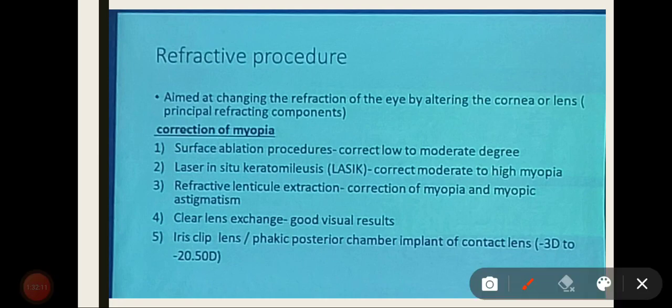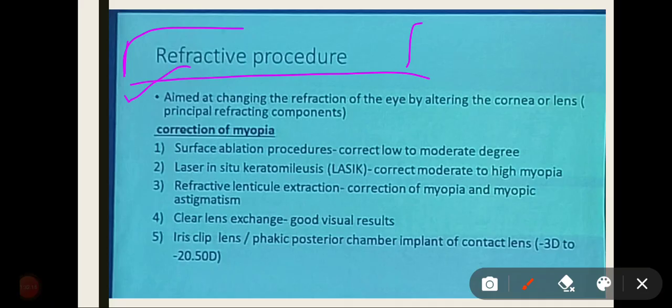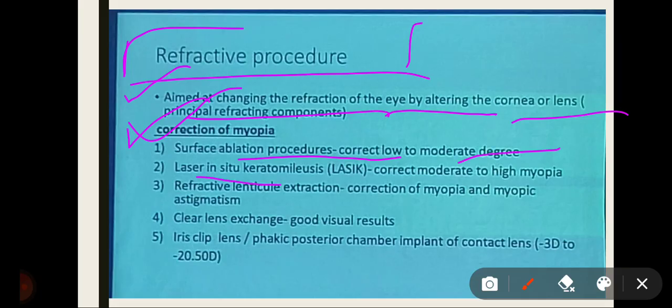What are the refractive procedures? These are aimed at changing the refraction of the eyes by altering the cornea or the lens, the principal refracting components. Correction of myopia: we use surface ablation procedures to correct low to moderate degrees, and laser in situ keratomileusis, that is LASIK, corrects moderate to high myopia.